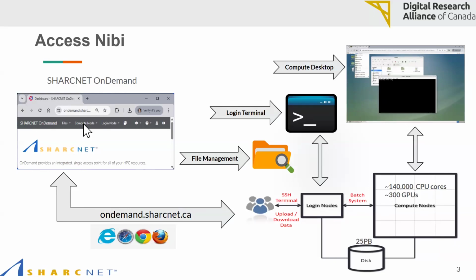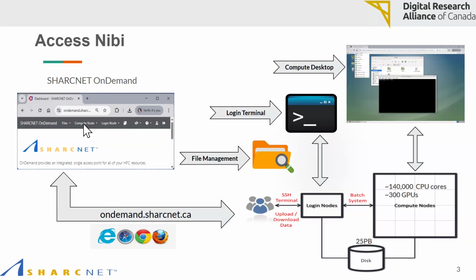For those of you who are familiar with launching JupyterLab from the JupyterHub portal, which was previously available on Graham and some other clusters, the good news is that a Nibi JupyterLab session from Sharcnet OnDemand provides exactly the same pre-configured environment as the one from JupyterHub.